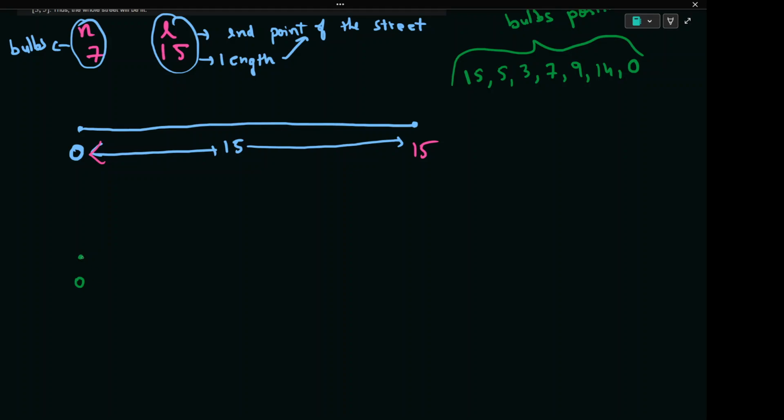So this is the point number 0. And let's draw a line. This is the hardest part. Yeah. So this will be 15.